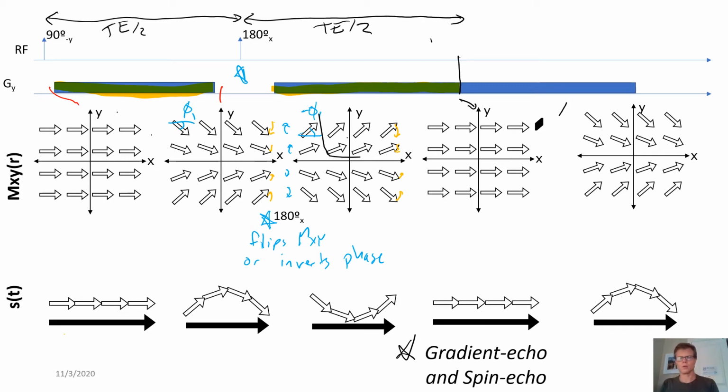Okay, so this is because in K-space, most of our data is at the center of K-space. So most of our information is there. So we want to have the spin echo refocusing occurring when we're near the center of K-space.